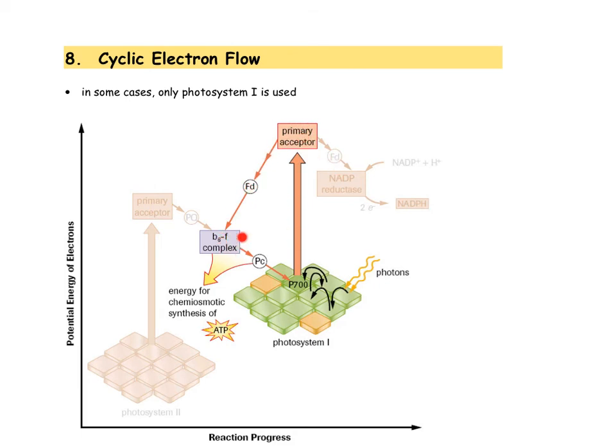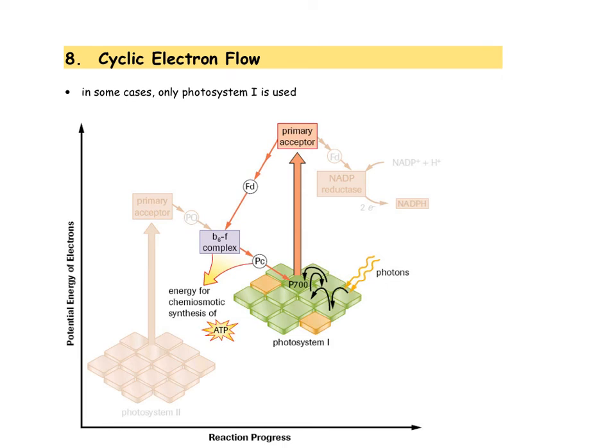They go back to the B6F complex. And you'll remember from non-cyclic electron flow that B6F complex results in protons being pumped from the stroma into the lumen in order to create that electrochemical gradient, which inevitably results in ATP.